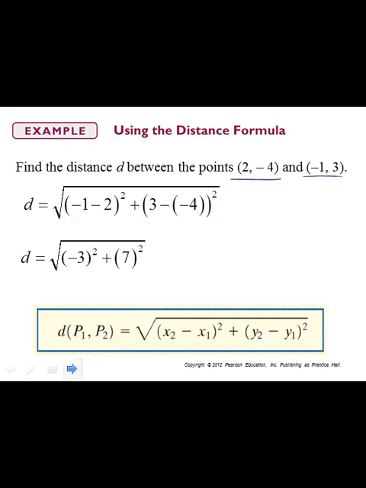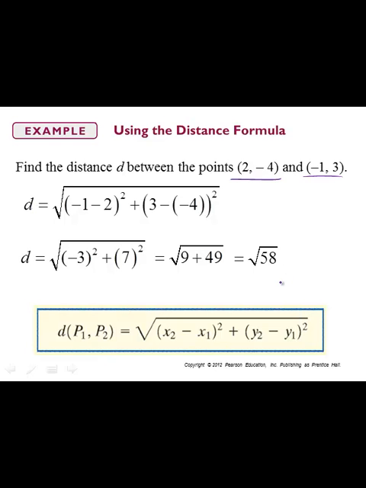And simplify. -1 minus 2 is -3, squared, which is 9. And you have 3 minus -4, which is 7, squared. So under the square root sign, you'll have 9 plus 49, which is 58. The square root of 58, well, we really cannot simplify it anymore.